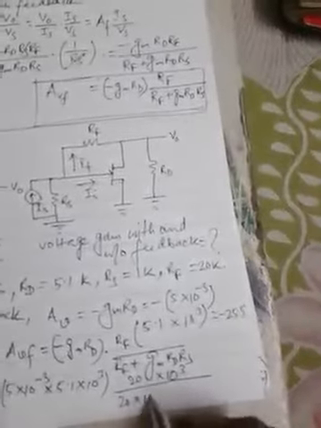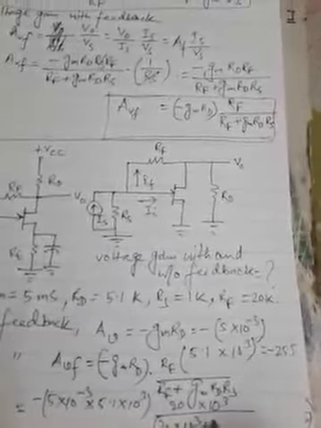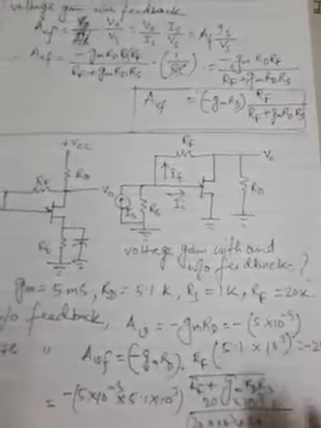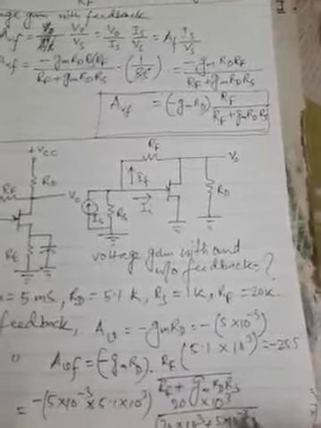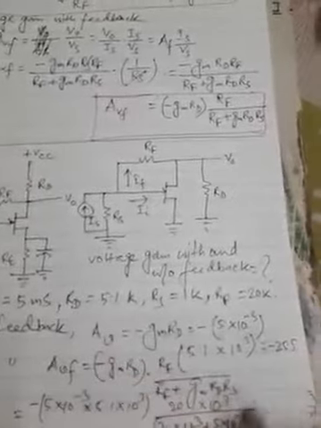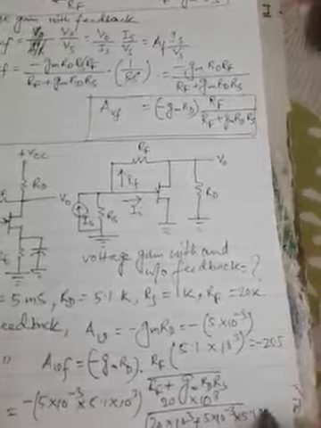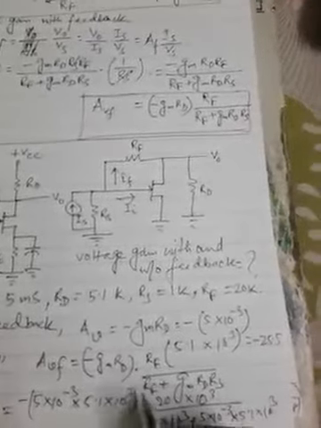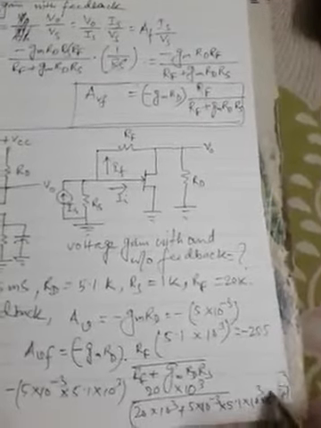RF is 20k, 20 into 10 cube, divided by 20 into 10 cube plus 5 into 10 to the power minus 3 gm, RD is 5.1 into 10 cube and RS is only 10 cube.